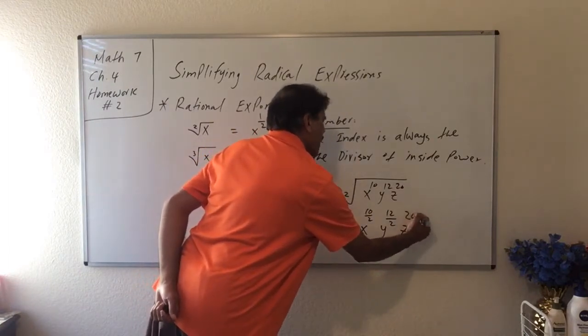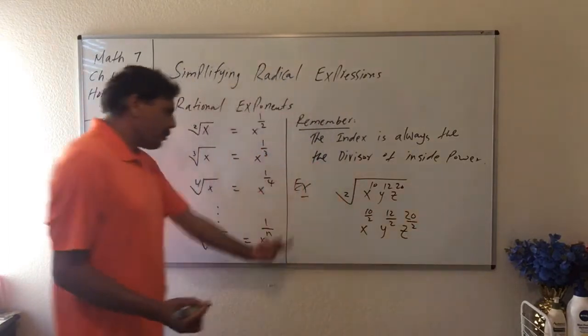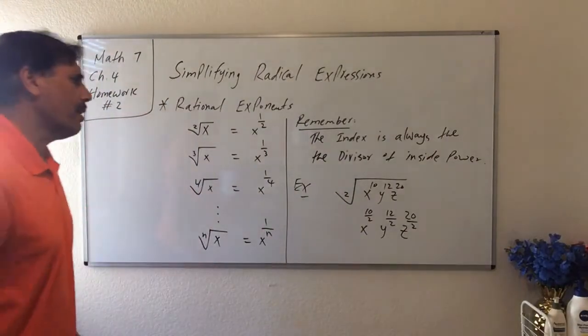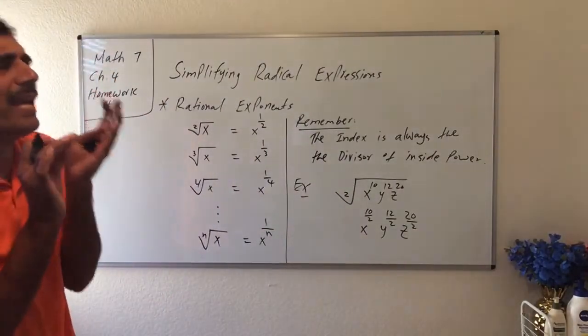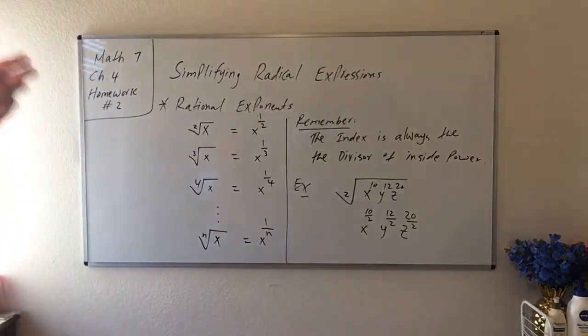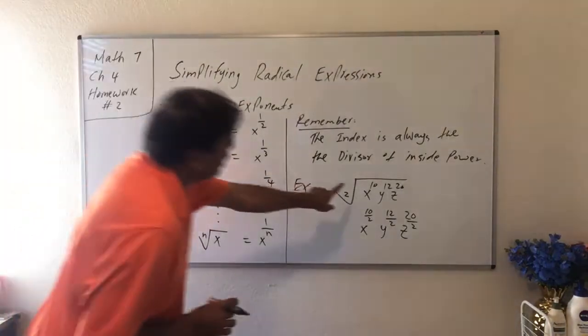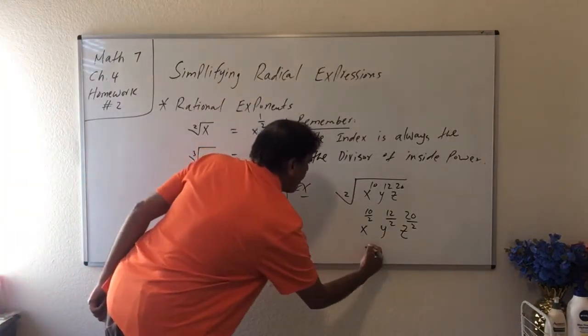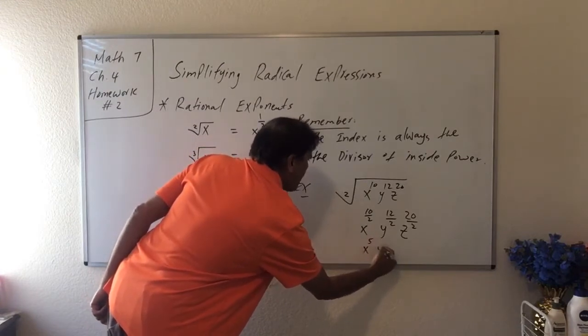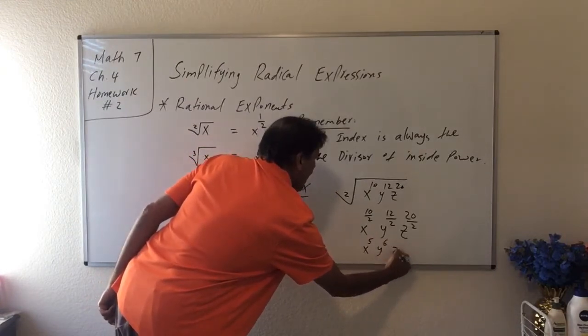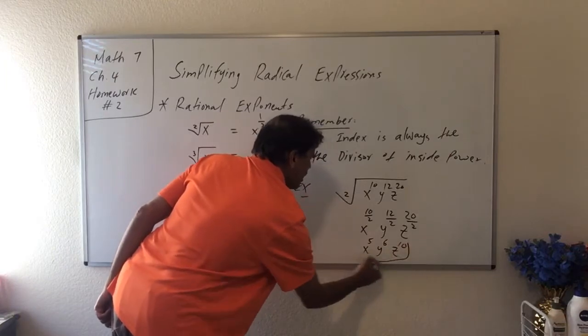Z inside power is 20, so 20 divided by 2. You can skip this step, because remember, whatever the index is, we're going to divide all these inside powers by the index. So the final answer should be x to the power 5, y to the power 6, and z to the power 10. And that's it.